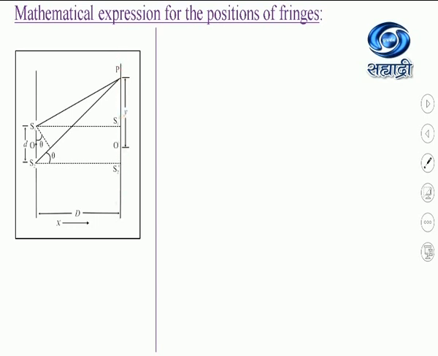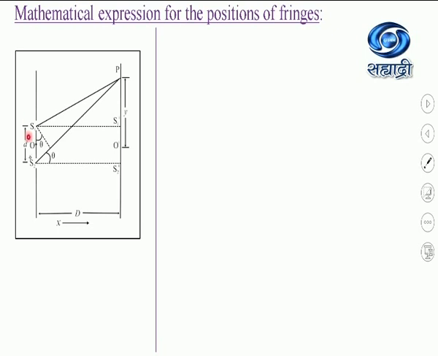The screen is placed at a distance of capital D from the two slits, and this distance capital D is about 1 meter. So the distance between the slits and the screen is very large compared to the distance between the two slits.